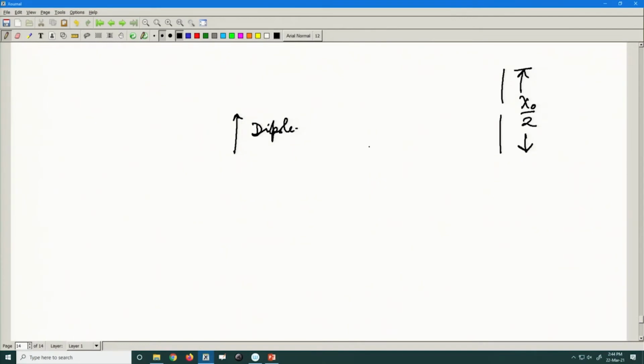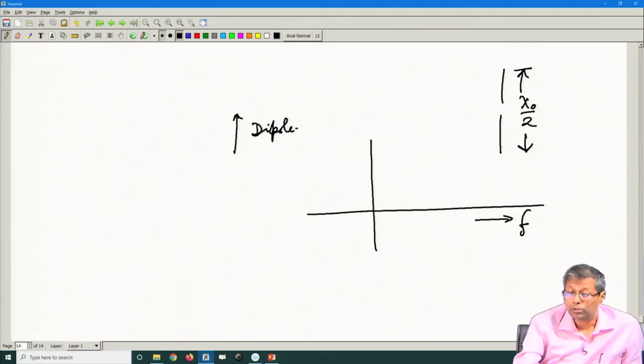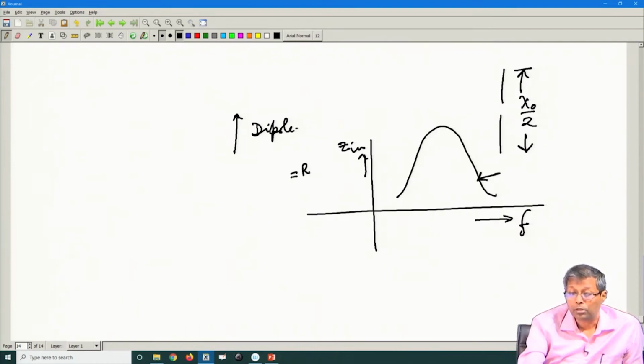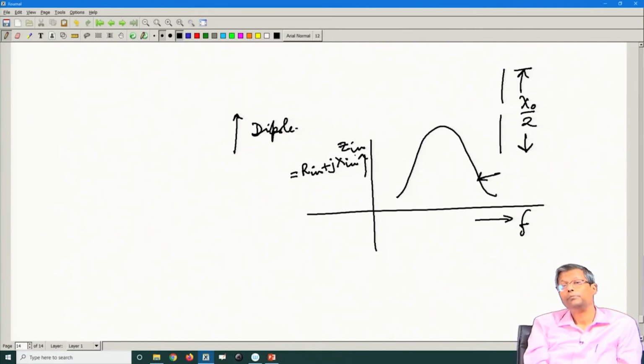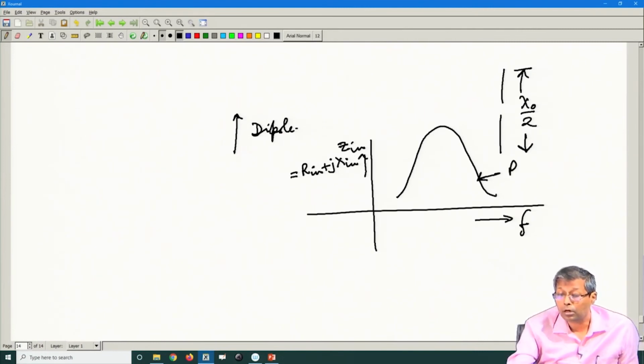We understand that if this is the frequency and this is the input impedance, this input impedance is defined as R in plus j X in. So, this is R in and this is suppose X in.